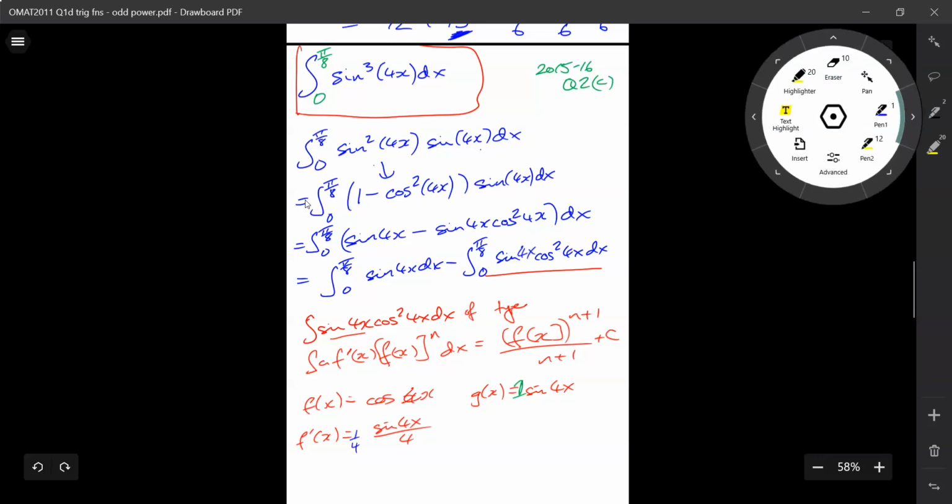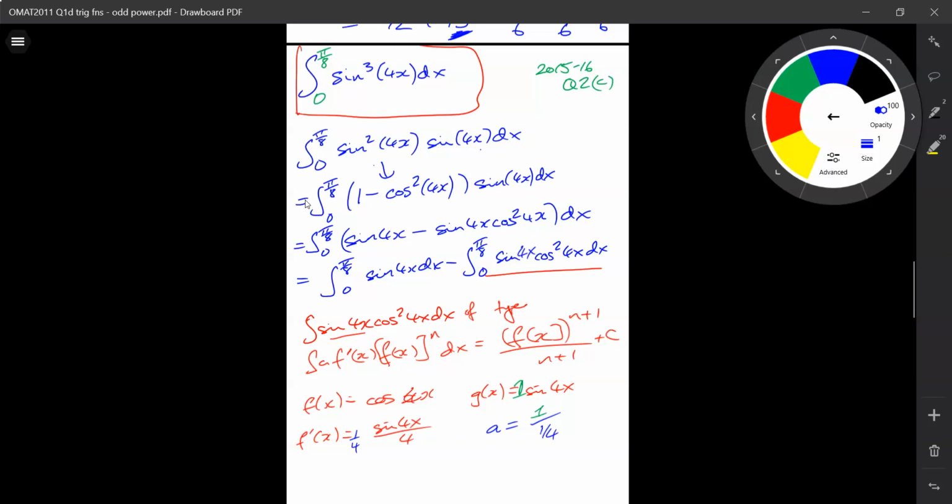So we can say that a is equal to the 1, which is the coefficient of sine 4x in g at x, divided by 1 over 4. Because remember, the coefficient of sine 4x is a quarter. It's divided by 1 over 4. So a is equal to the inverse of 1 over 4, which is 4.